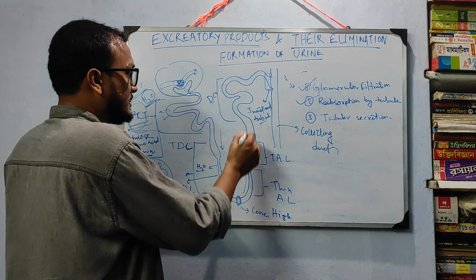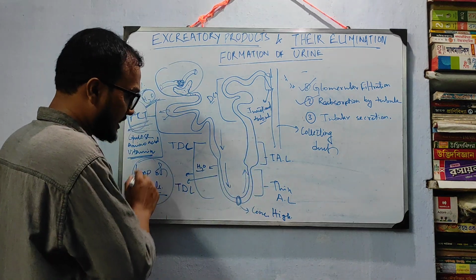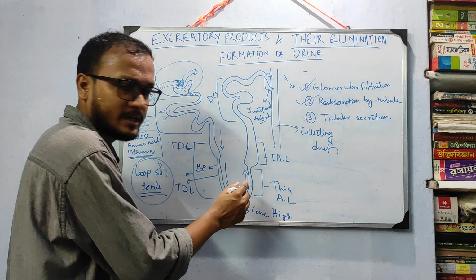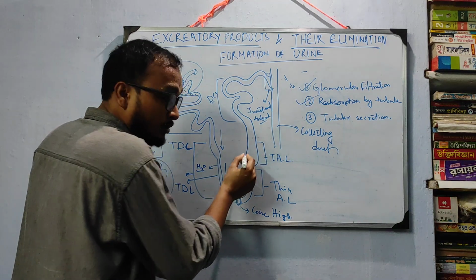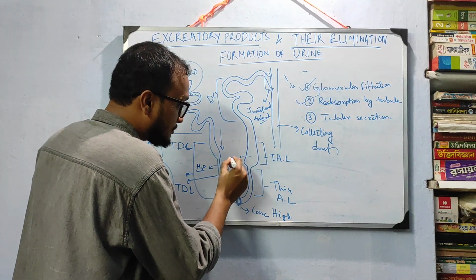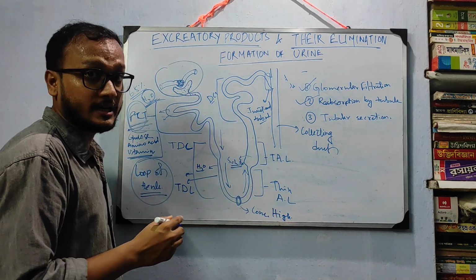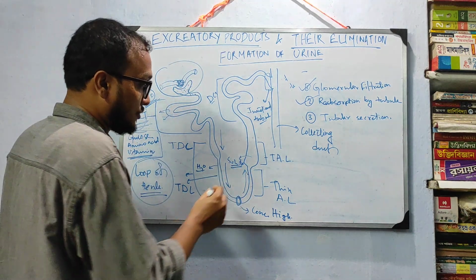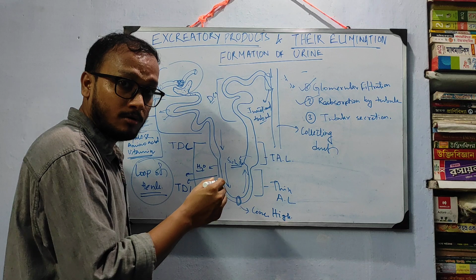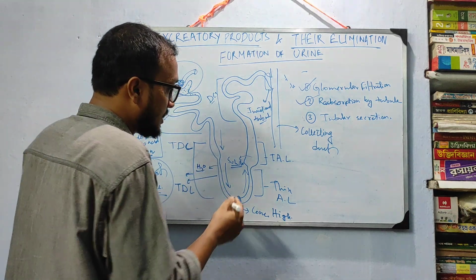Now in the thick ascending portion of the loop of Henle, water will not be absorbed. Now the solute will be absorbed by active transport.